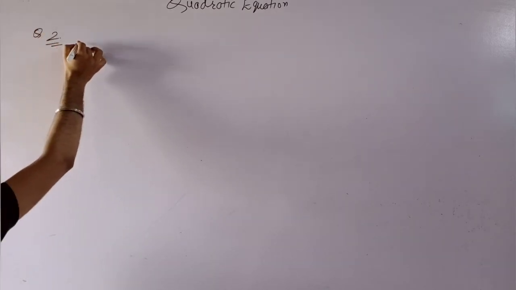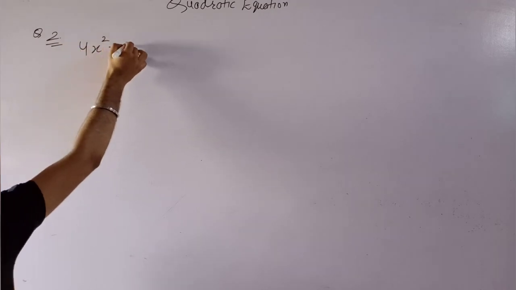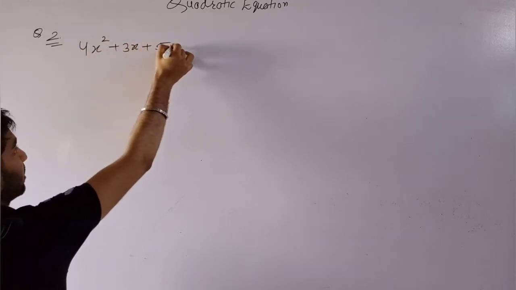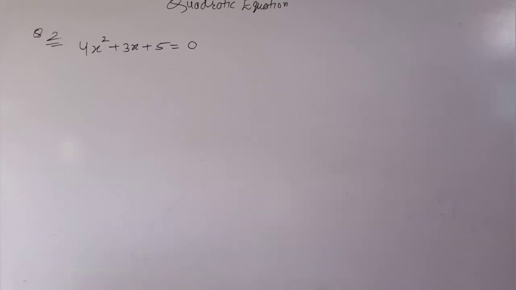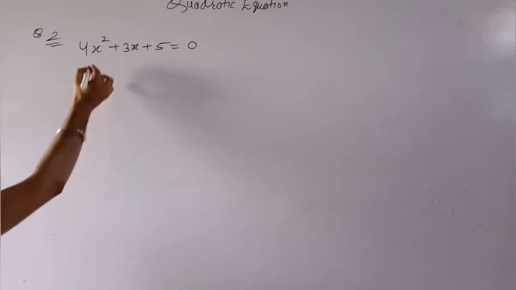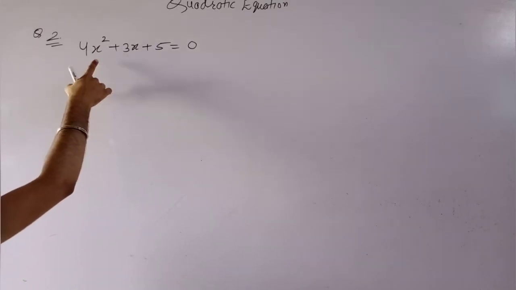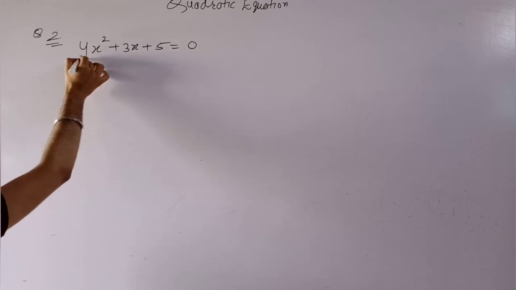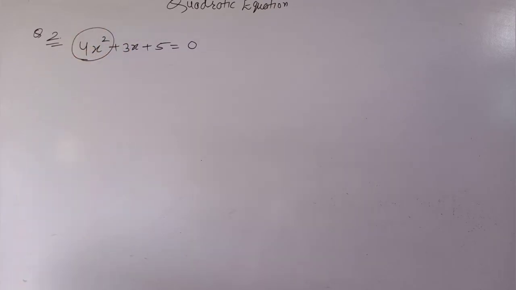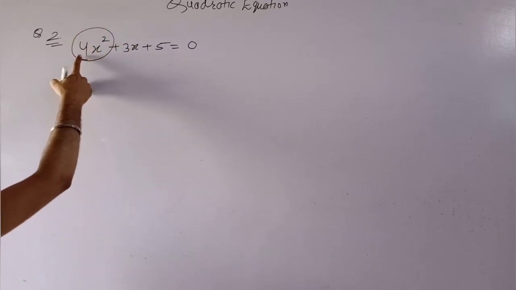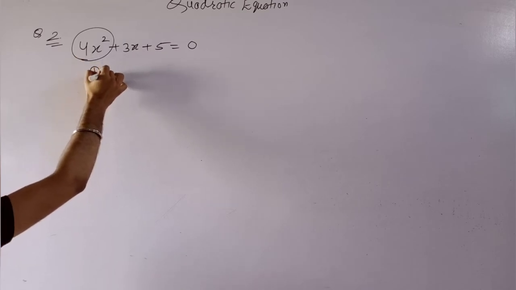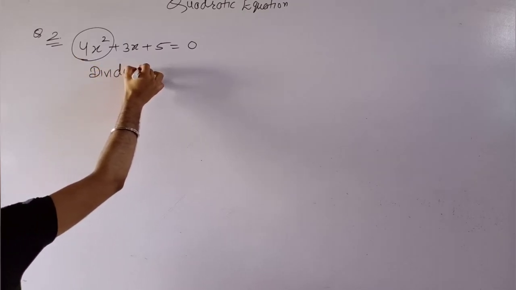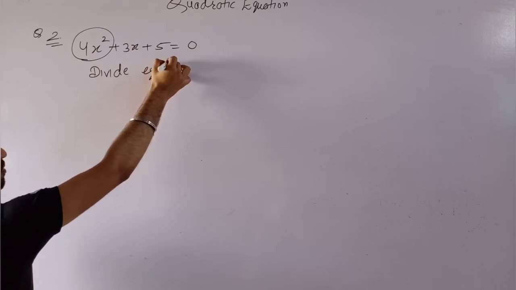Second example: 4x square plus 3x plus 5 is equal to 0. First of all, by using perfect square method, we will make the coefficient of x square 1. Here the coefficient of x square is 4, so divide the equation by 4.